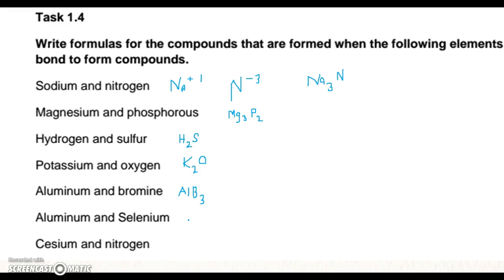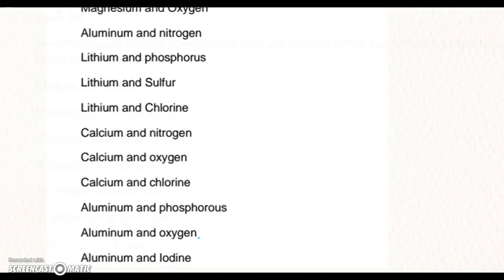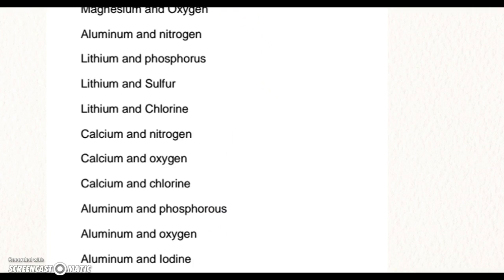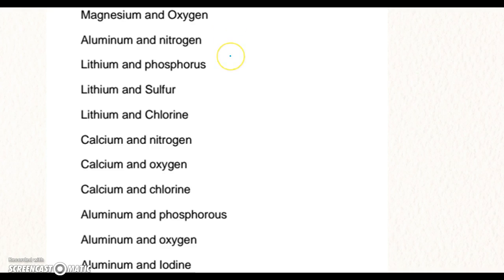Selenium has a charge of minus 2, so you'd have Al2Se3. Cesium and nitrogen, Cs plus 1. Nitrogen minus 3, so it'd be Cs3N. There's just a bunch more examples here, so go ahead and give these a try. You can check these answers with me, and they will also be posted eventually under the notes.